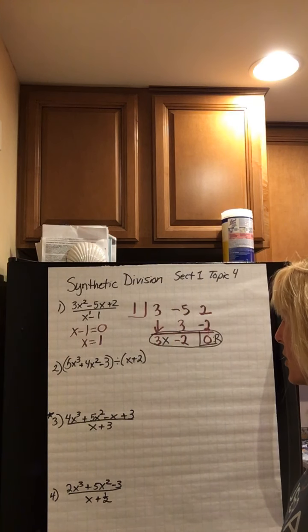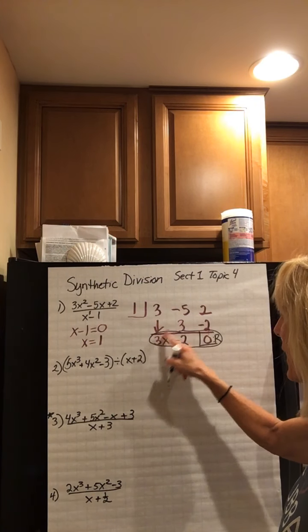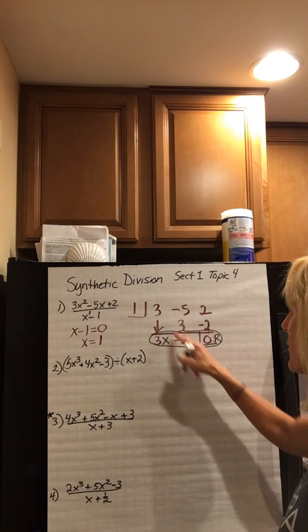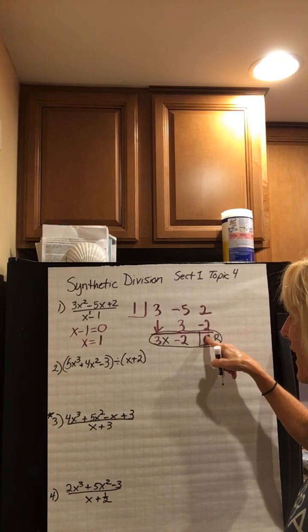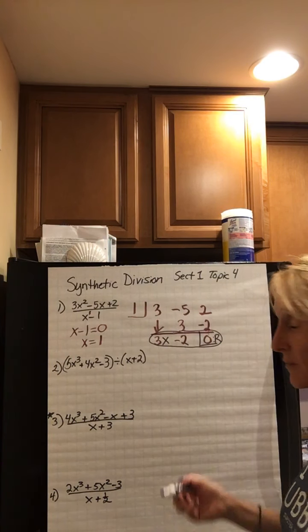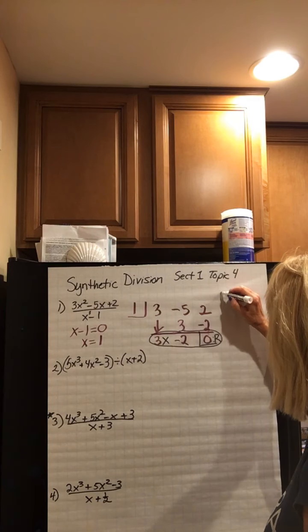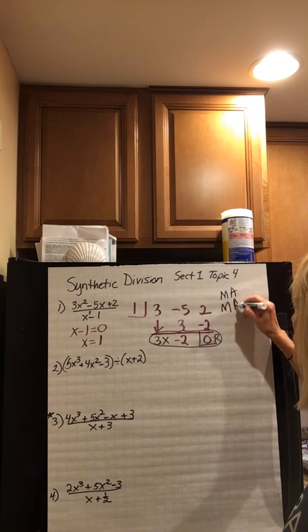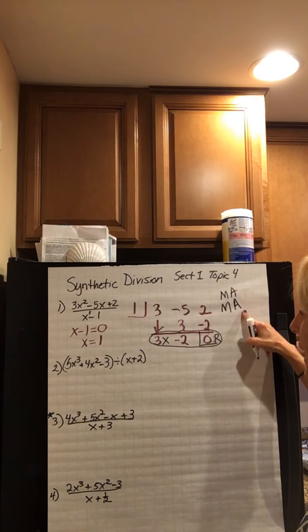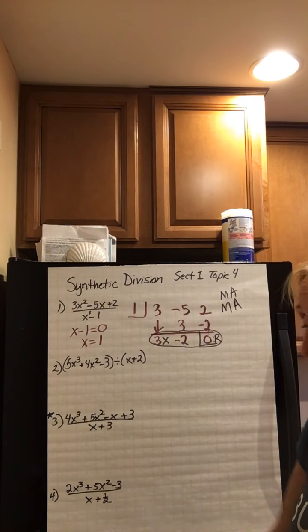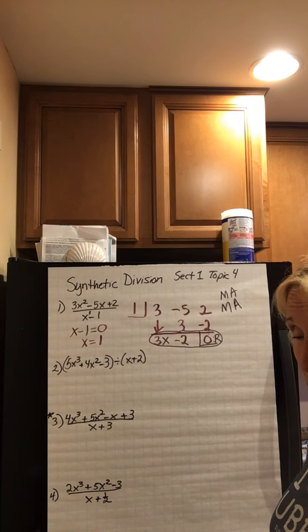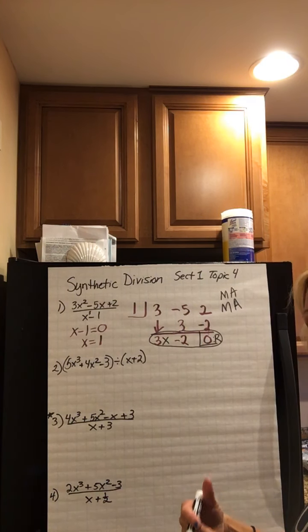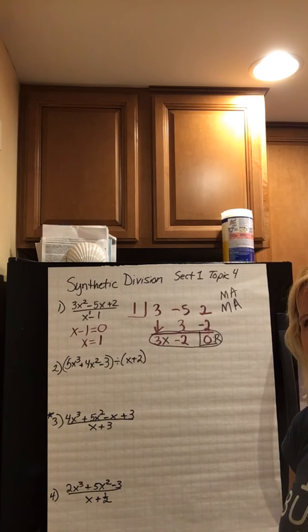So you multiply, add, then multiply, add. When I do synthetic division, I always say to you guys, think about your mama, because the rules are multiply, add, and you keep going until there is no more to do. That's the rule for synthetic division.